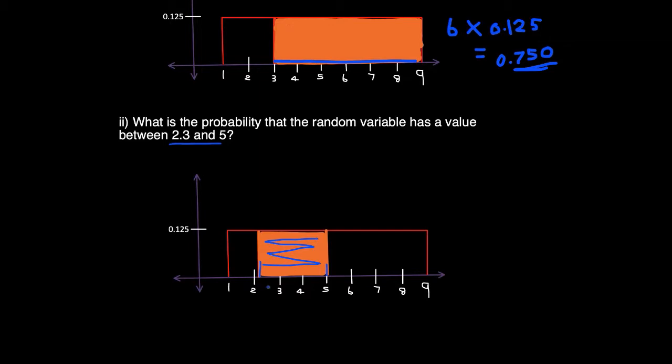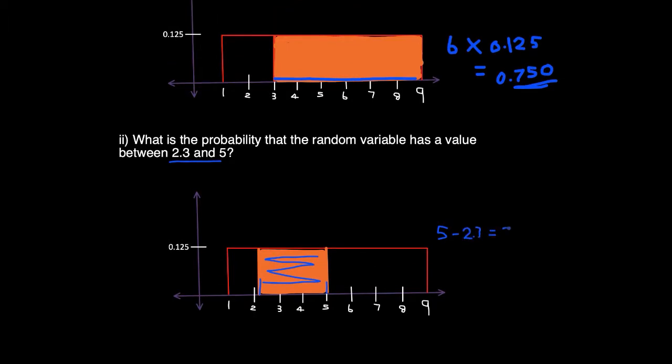So here length from 2.3 to 5, you can find the length 5 minus 2.3, that equal 2.7. So now we know the length, therefore probability you can find 2.7 multiplied by 0.125.